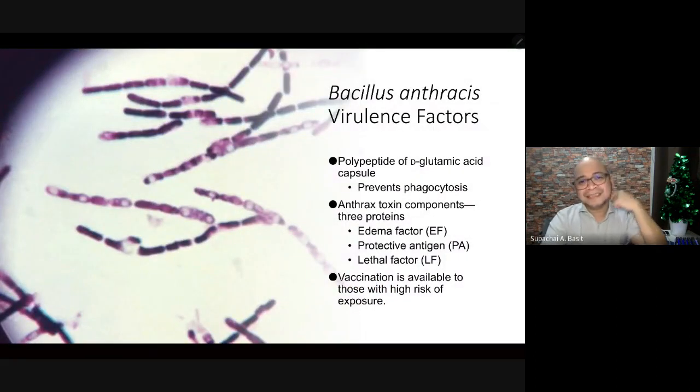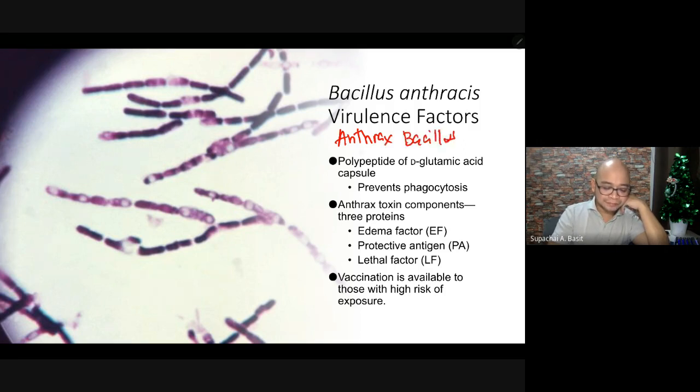One of the medically important species is Bacillus anthracis. The common name of Bacillus anthracis is the anthrax bacillus. It is encapsulated. In fact, they have a D-glutamic acid capsule, which can prevent phagocytosis.